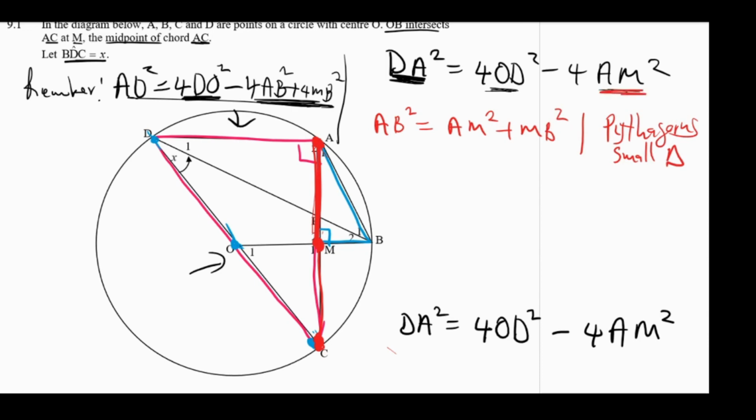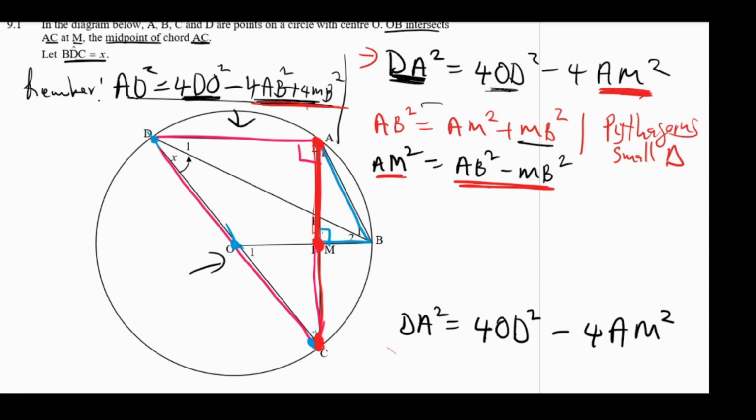So we want to substitute where there's AM, because there's no AM in this equation. We'll say AM squared, transposing this portion to the other side, is equal to AB squared minus MB squared. So when we see AM squared here, we will put AB squared minus MB squared.